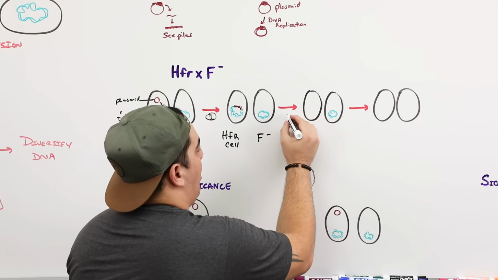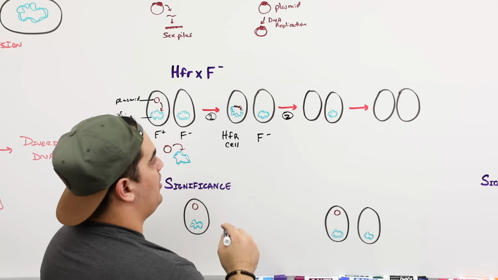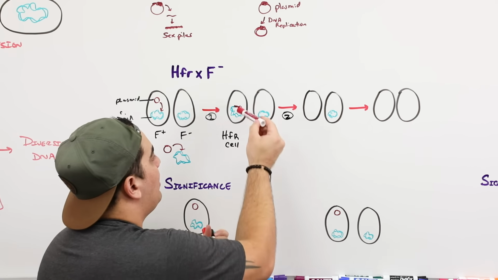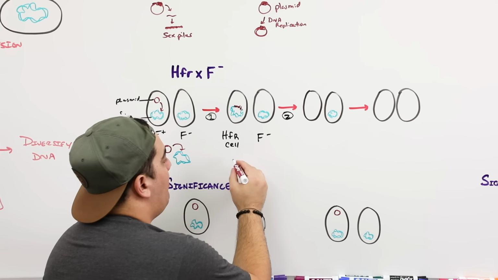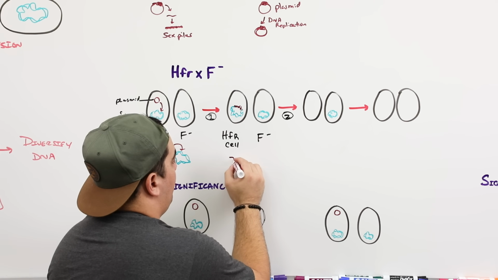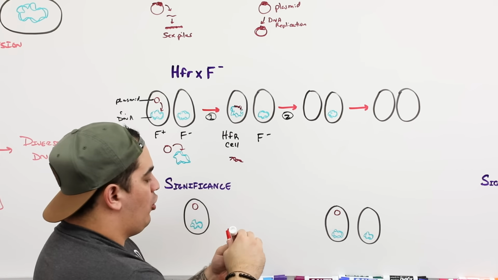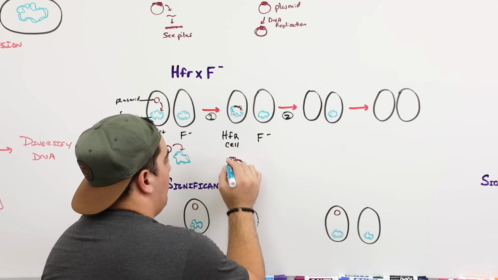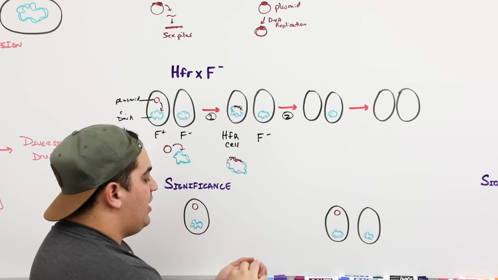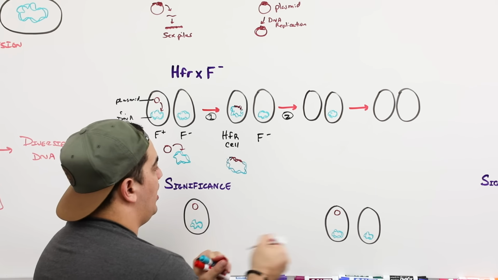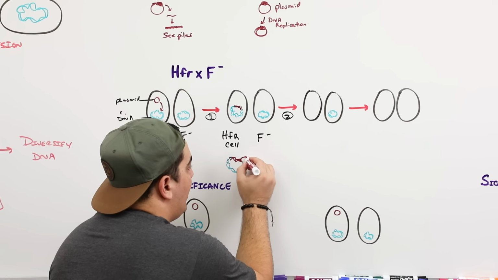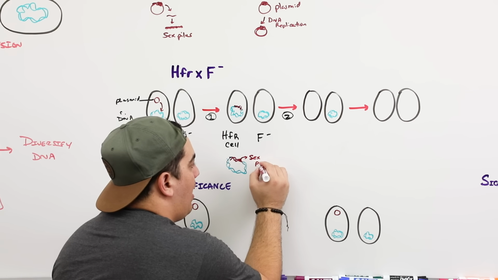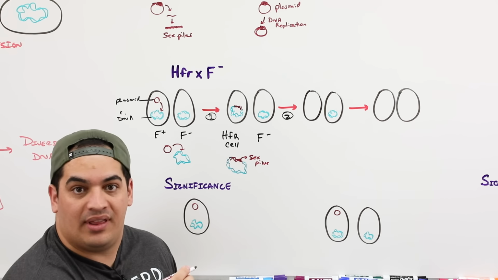In the second step of this conjugation mechanism, you have that plasmid DNA, right? And if you imagine here that we drew this plasmid and chromosomal DNA combined. So here I have all of this DNA that's combined. On that plasmid DNA, which is incorporated into the chromosomal DNA, it has genes that can still make the sex pilus because it still has that plasmid there.